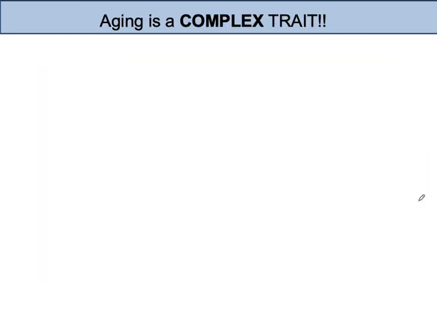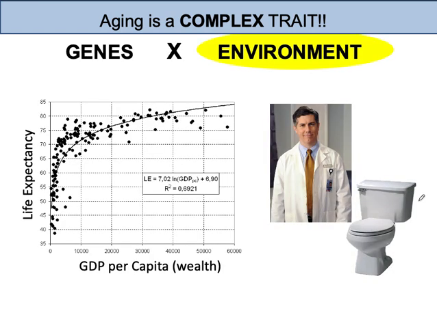One of the things that's been observed is that life expectancy is strongly correlated with GDP per capita, or wealth, gross domestic product per capita. Per capita just means it's standardized by population size, basically. And so what we see is that life expectancy has this sort of exponential relationship with GDP, but past a certain point, it kind of evens out.